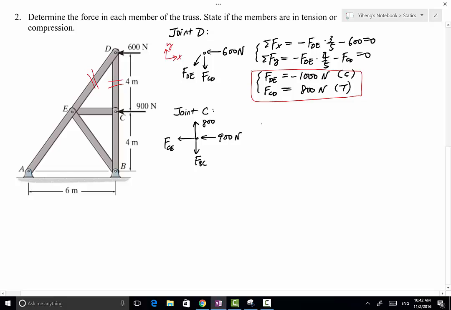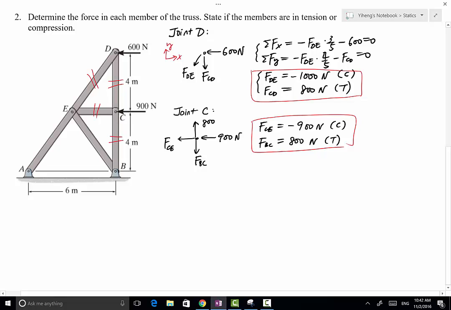Therefore, from here, we can solve for FCE, that is negative 900 Newton, which is a compressive force, and then FBC is going to be positive 800 Newton. That's a tensile force. So again, we have solved for these two. I'm going to mark them on my drawing as well, here and here.